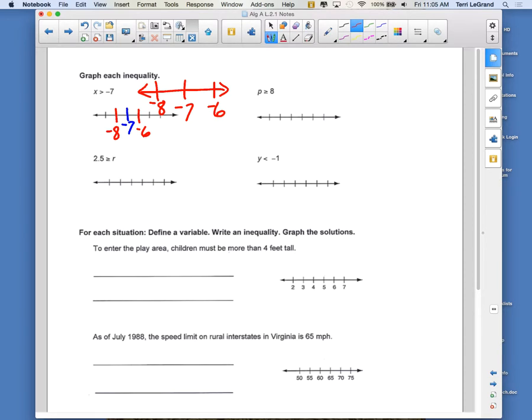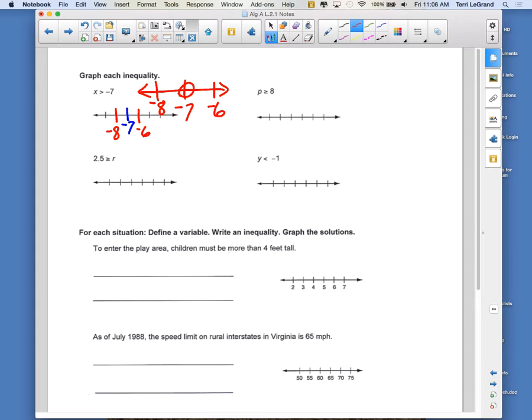Okay, let's put our circle at -7. That's our endpoint. And then we make this decision. Should we shade that circle in or not? No. Why not? Because it's not equal to. Because there's no equal to bar there. It is not equal to -7. It is greater than -7. So which direction should we go?